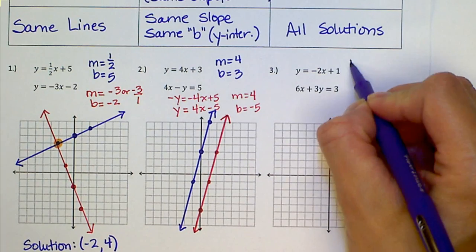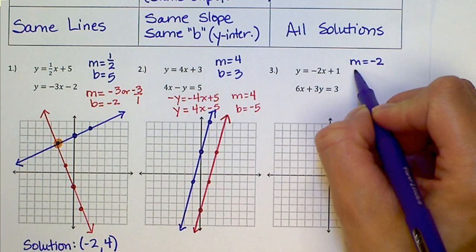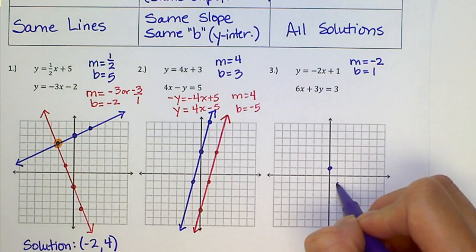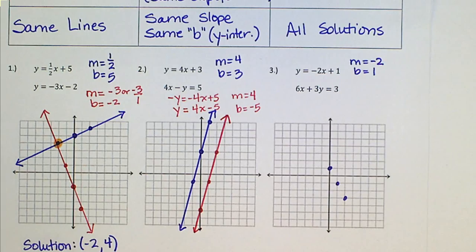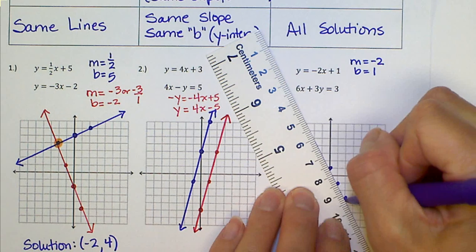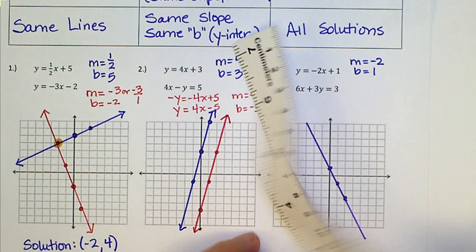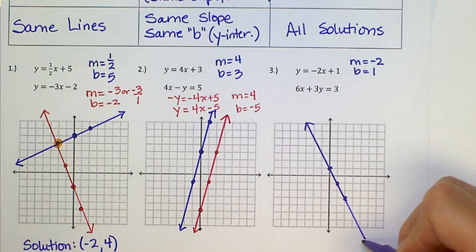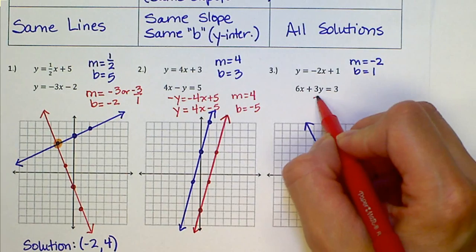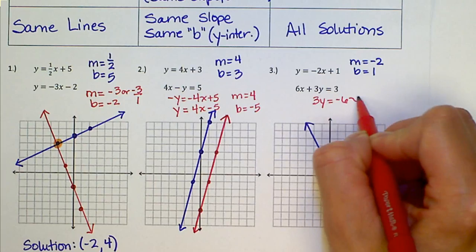So for number 3, the first line has slope -2, b is 1. So let's graph that. Go down 2 over 1, and so on. Feel free to pause again if you need to while you're graphing. And then I'm going to rearrange this second equation. We get 3y equals -6x plus 3.